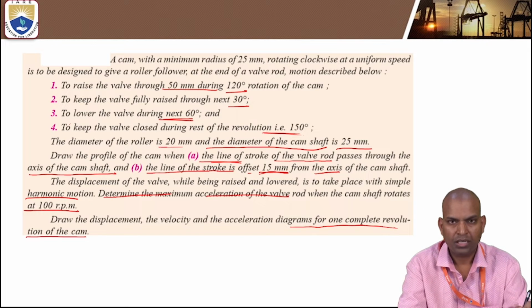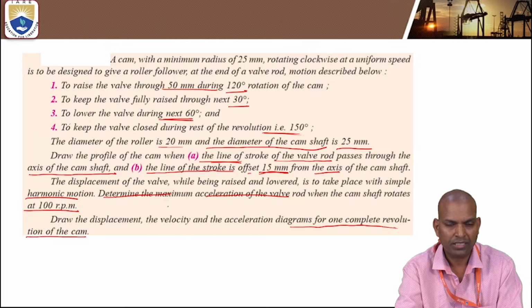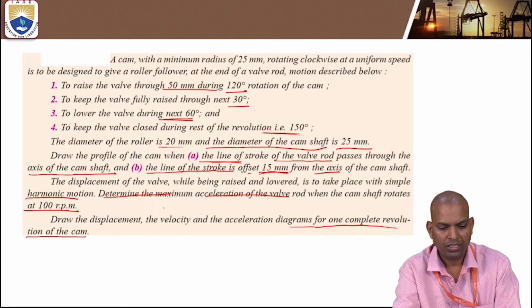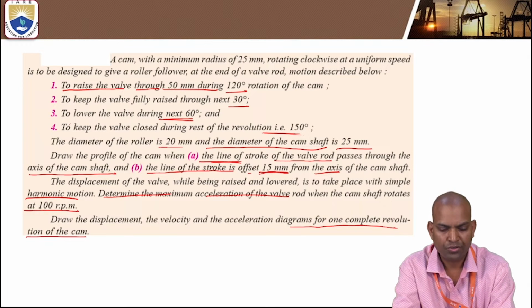Here certain terminologies are used. Instead of saying outstroke and return stroke, the outstroke is mentioned as to raise the valve through 50 millimeter during 120 degree rotation of the cam.